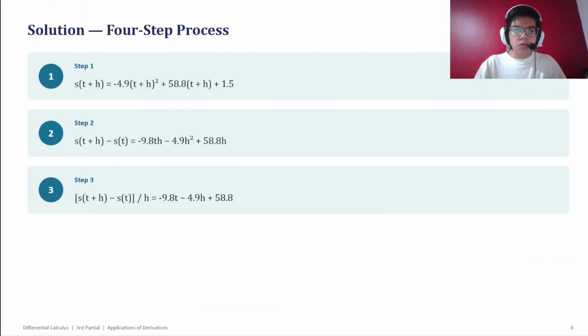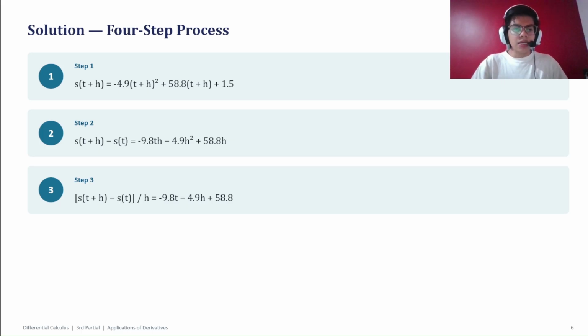So we have here the solution for the step process. For step 1, as we said, s(t+h) = -4.9(t+h)^2 + 58.8(t+h) + 1.5. So that's step 1.